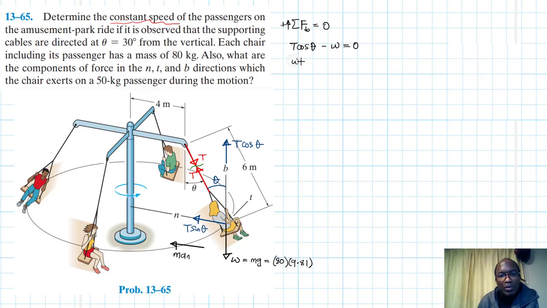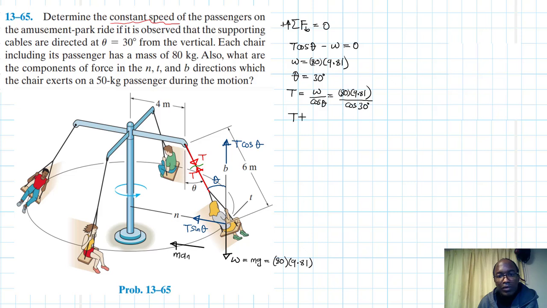We know W is 80 times 9.81, and theta is 30 degrees. Therefore T is equal to W divided by cos theta, which is 80 times 9.81 divided by cos 30.